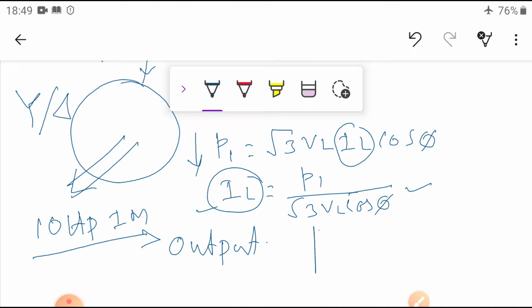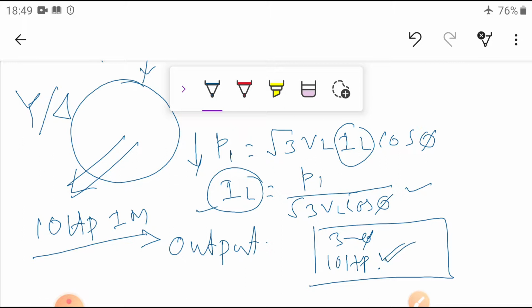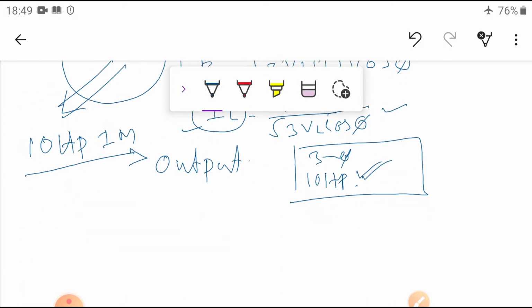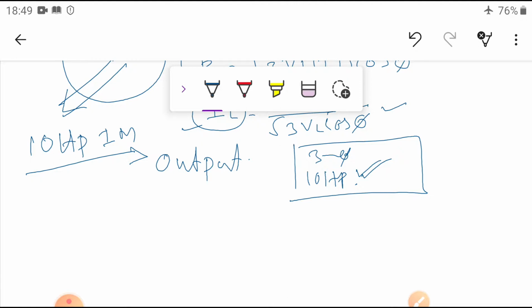On the nameplate of a 3-phase induction motor, 10 HP means output, not input. So you are going to calculate the input current based on the input, not this output. We already know how to calculate the input current.